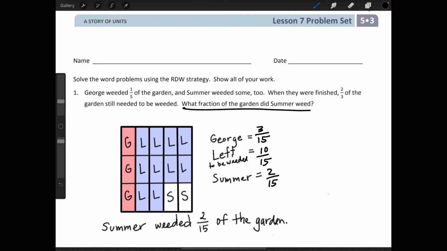Now if we were to write an equation for this problem, it would look something like this. We have one whole garden minus 1/5 minus 2/3 equals Summer.